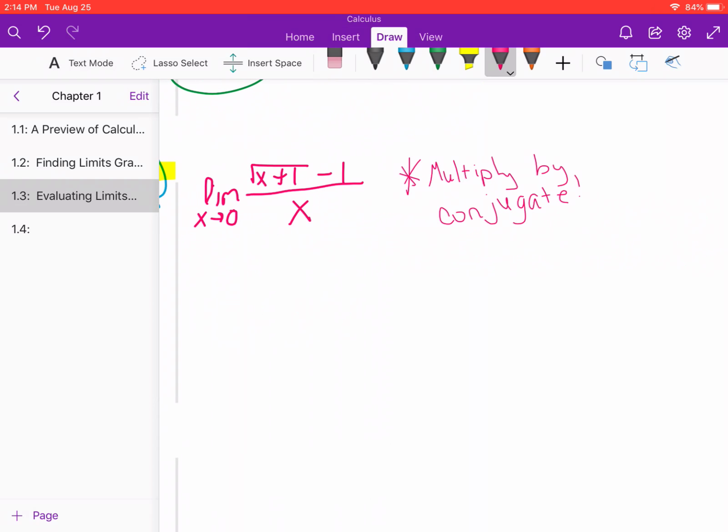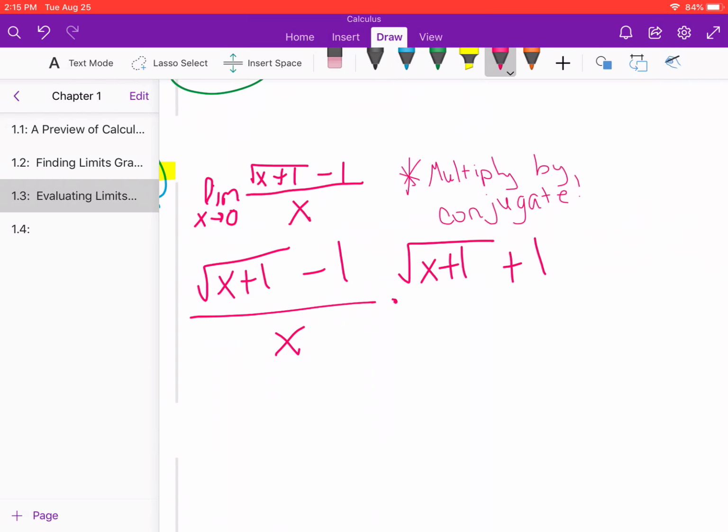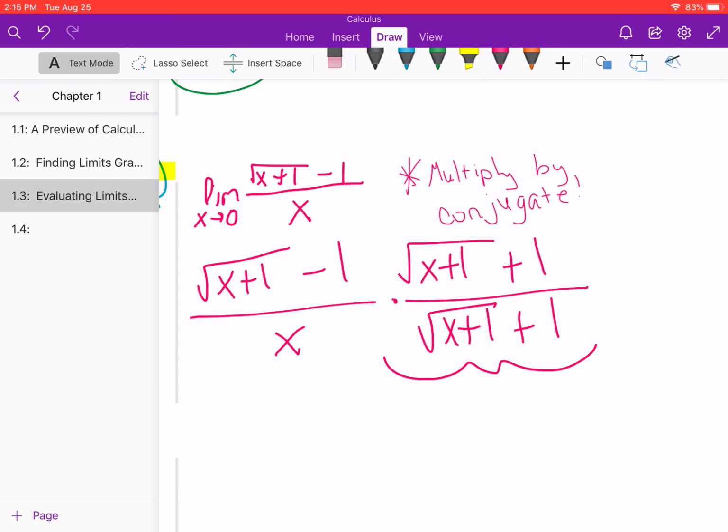So remember, the conjugate of the square root of x plus 1 minus 1 is the square root of x plus 1 plus 1, over the square root of x plus 1 plus 1. Remember, just like fractions, the second piece here is equal to 1, so we're not changing the value, we're just making it look different. Go ahead and multiply out, and then you should be able to do direct substitution to get to your answer.